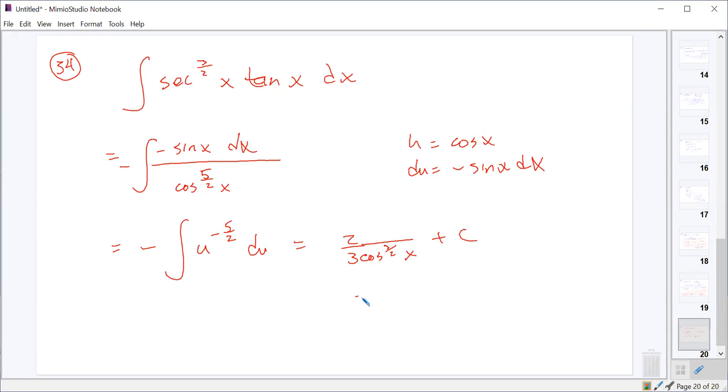Yeah, that's the secant. So we got 2/3 secant to the 3/2 x plus c, choice D. They wrote it as secant instead of cosine in the denominator.